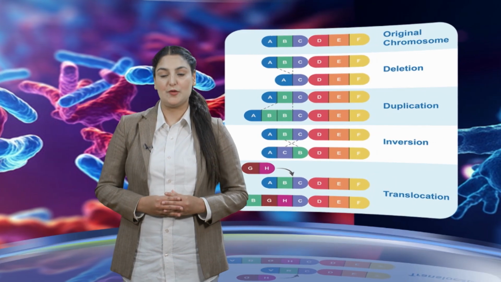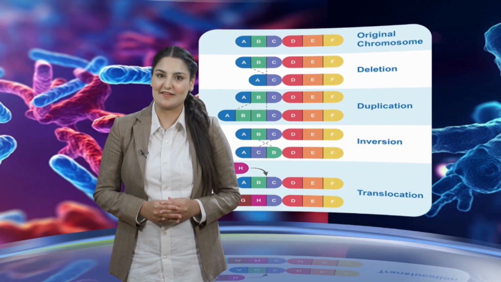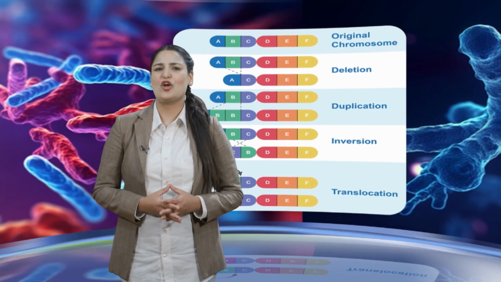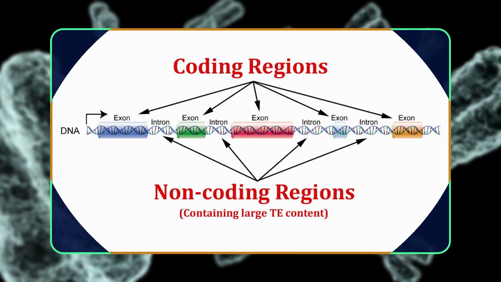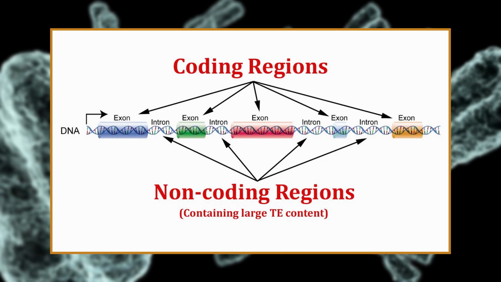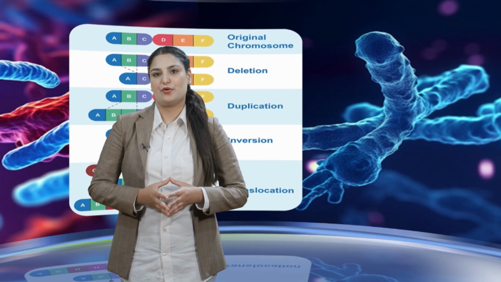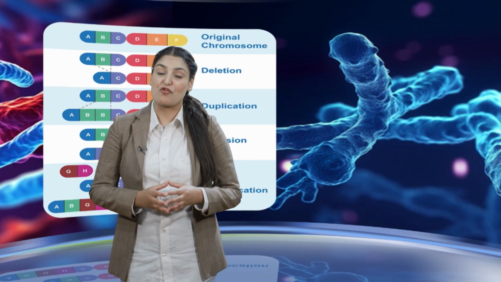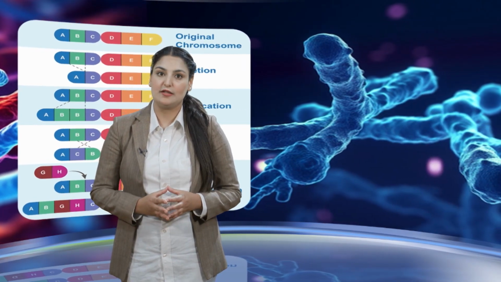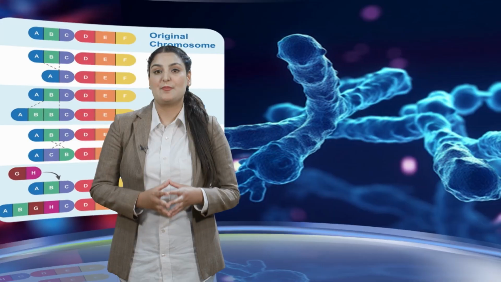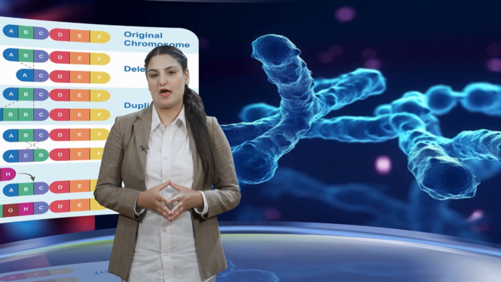While many chromosomal mutations lead to genetic disorders or diseases, not all are harmful. Some occur in non coding regions of DNA and may have little to no functional impact. However, even such mutations can contribute to evolutionary variation, potentially offering adaptive advantages in certain environments, dear students.